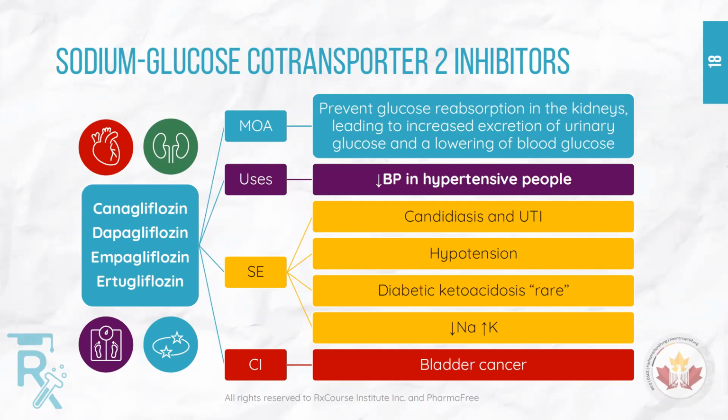Exactly, because the glucose will take water while leaving. So more diuresis, which is a higher chance of low blood pressure. Correct. What else will happen? One is urinary tract infections, I think. Exactly, because it will be a suitable medium for the bacteria and fungus to develop. Yes.